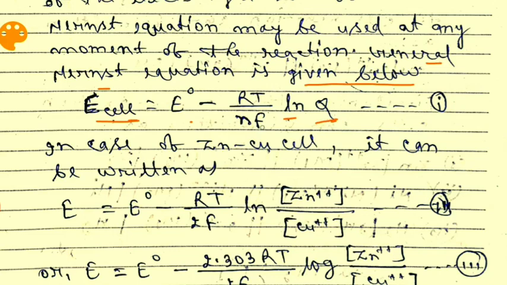F is the Faraday, the other unit of charge. A smaller unit is Coulomb and a bigger unit is Faraday.